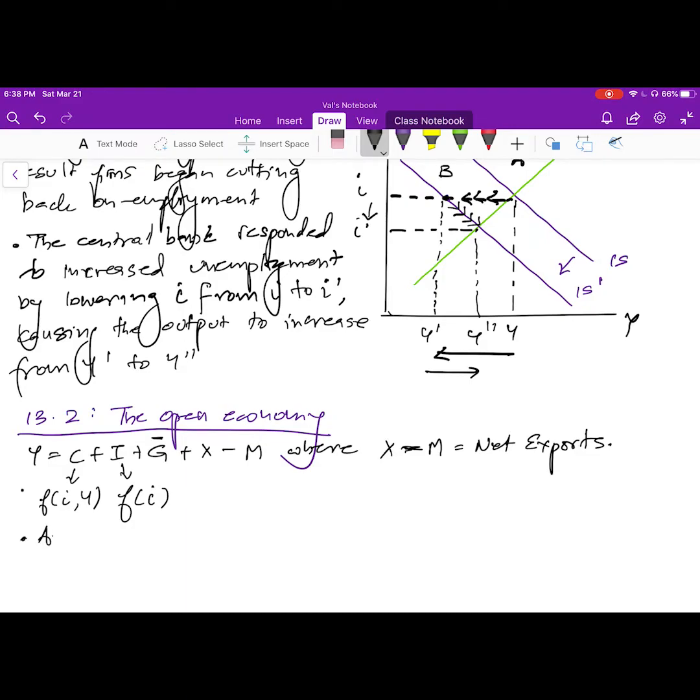So an increase in interest rate, of course, decreases local consumption. And by local, let me rephrase that and say domestic.